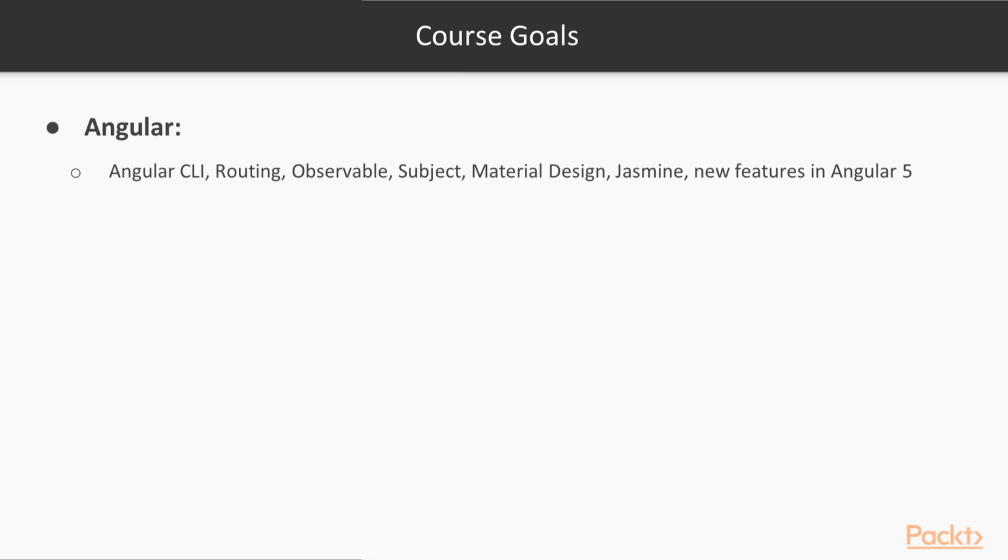The goals for this course are to teach you, for the front-end part, what is Angular, the Angular CLI, routing, observable, subject, material design, and Jasmine, but also what are the new features in Angular 5. For the backend part, to teach you what is Spring 5, Spring Boot 2, Flux, WebSocket, and how to unit test your application.